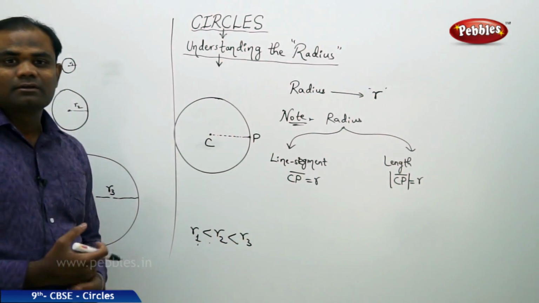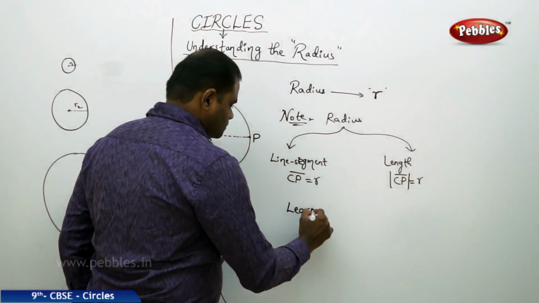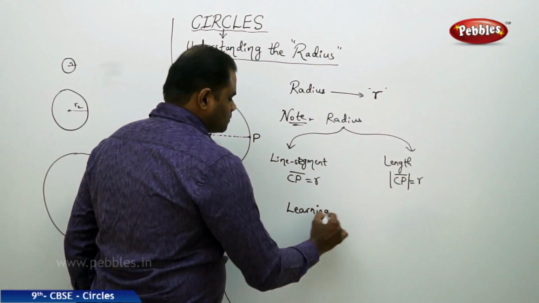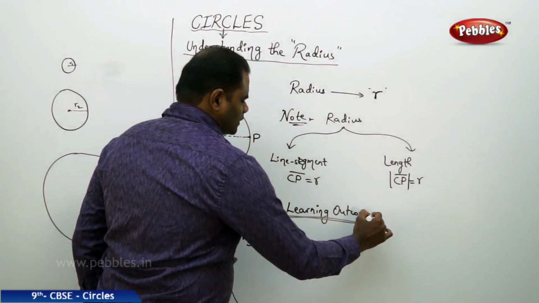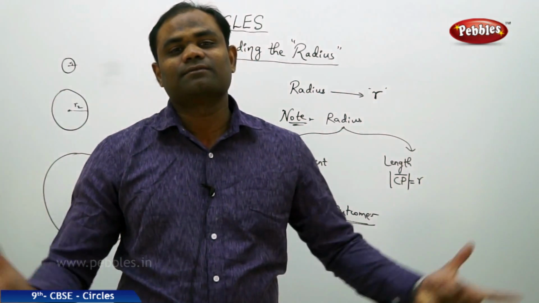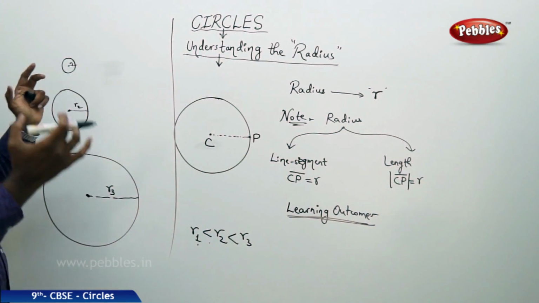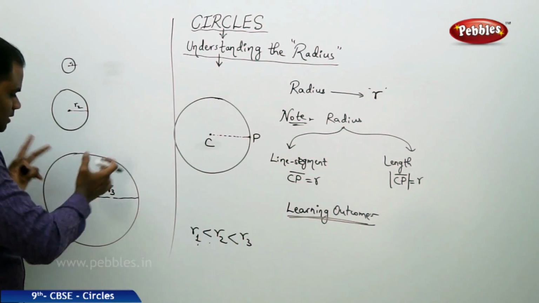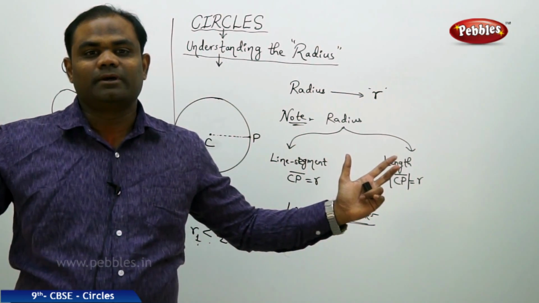So finally, we conclude that the radius of the circle decides the size of the circle. Very simple. The radius being small, the size of the circle is small. The radius of the circle being bigger, the size of the circle is also very big.